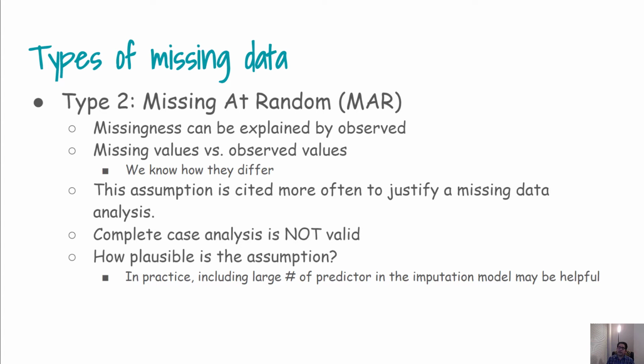Say, for example, if a subject has high income, often they do not want to report their income. Or if a subject has very low income, often they also do not want to report their income. So in that case, if you simply try to check the person's income level, often this is associated with some other factors such as socio-demographic characteristics, education level, and all of the other things.